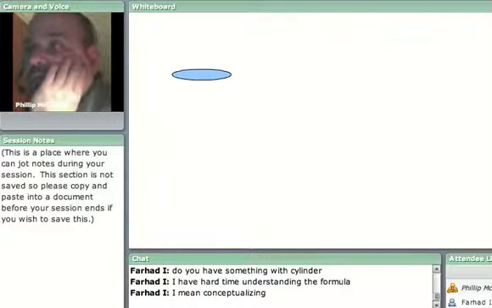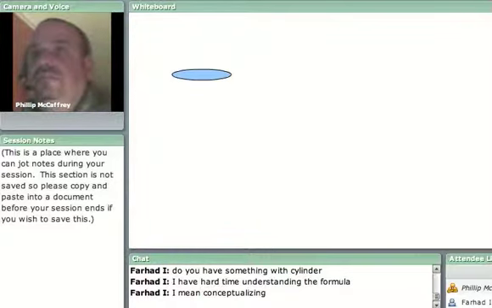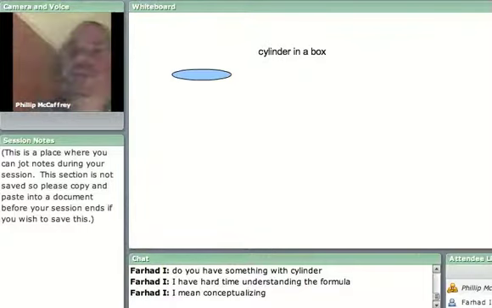They ask the cylinder in a box. Okay, and that is how big is the box that fits over a cylinder, and that's using basically a circle in a can, circle inside a can.